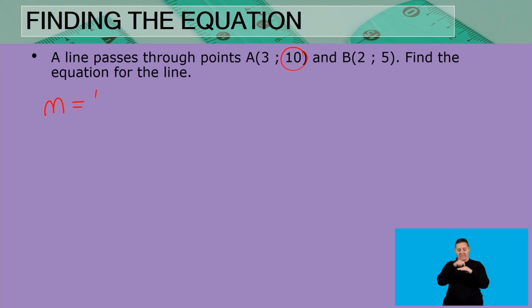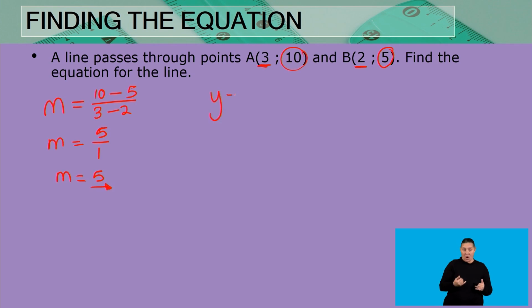So let's take our 10 minus our 5, because our vertical change are those y values. Then, because we started with A for the vertical change, we need to start with A again. So we are going to say 3 minus 2. So that makes our gradient, what is 10 minus 5? That is going to give us 5. What is 3 minus 2? That is going to give us 1. So our gradient is 5.